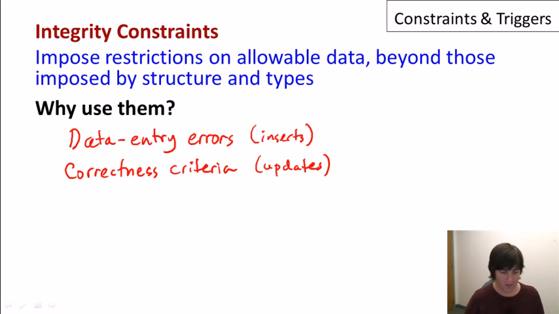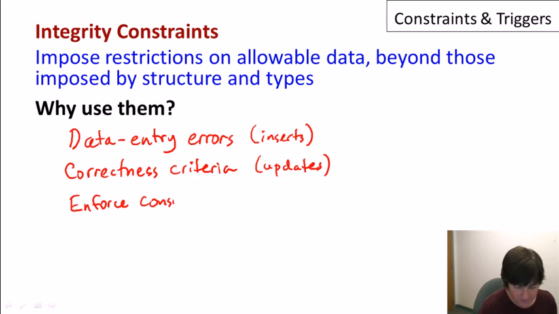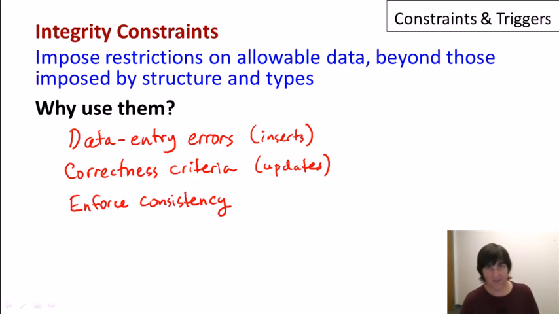They don't have errors. Another use of constraints is to enforce consistency. So we might have copies of data in the database in different places, or some data that relies on other data. And so when we have that situation, consistency, we could have constraints that specify the consistency requirements and are checked automatically.